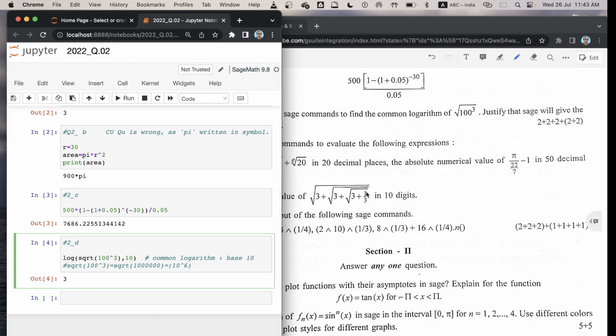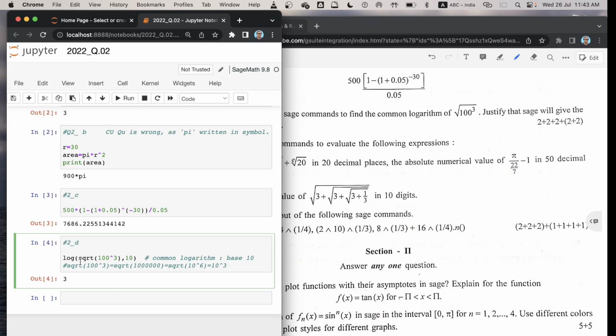The output is 3. And the justification is this: square root of 100 to the power 3 is actually square root of 10 to the power 6. So square root of 10 to the power 6 gives 10 to the power 3.